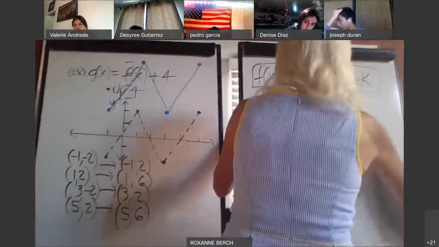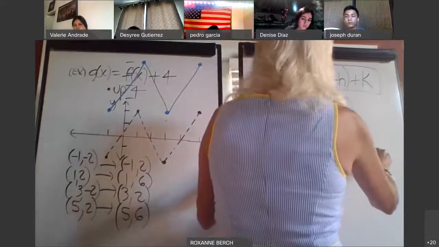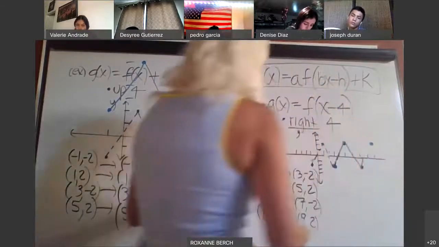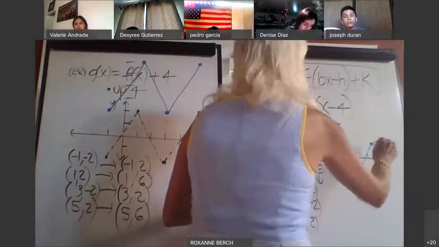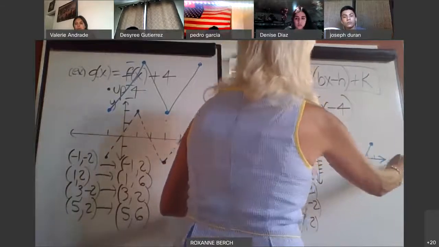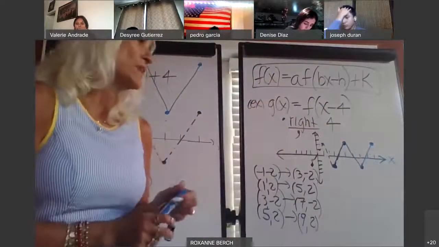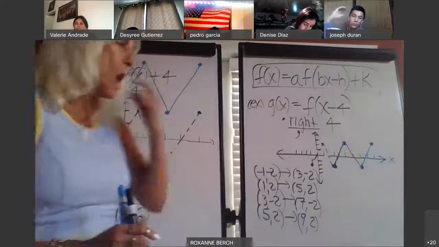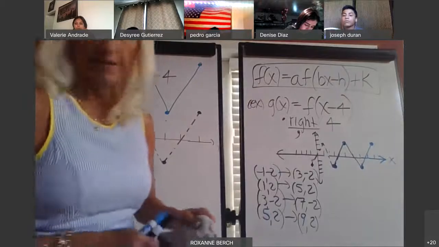So this last guy, 3, 4, 5, 6, 7, 8, 9. Right 9 up 2. So he was a little off there. Thank you. So does that look like the original graph or the parent shifted right 4? Sure does.